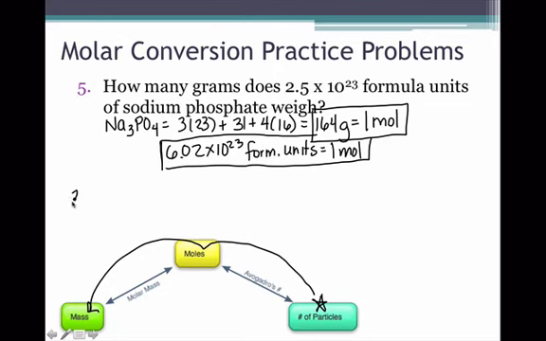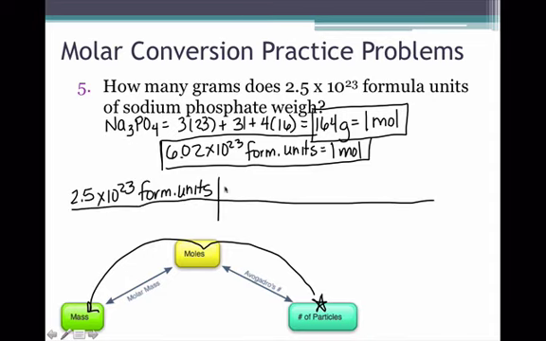I'm going to start with what's given in the problem, 2.5 times 10 to the 23rd formula units, and then I use Avogadro's number first because I need formula units to go away, and that's this conversion factor right here. So I'm going to put the 6.02 times 10 to the 23rd on the bottom, and I'm going to have 1 mole on top.